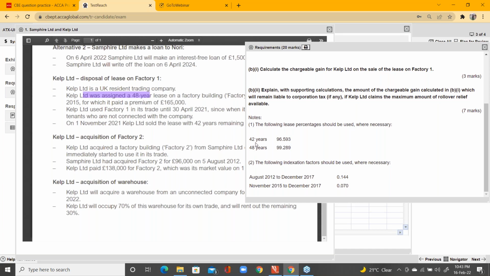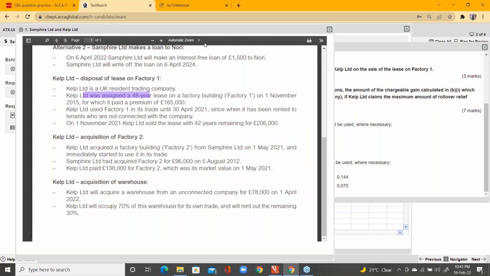It's 48 minus 42. The company may have used this asset for 6 years, but we have to check whether the company used the asset for the whole of these 6 years, or is there any period involved when the asset was in non-business use? Let's say the company rented out the asset, so that would be considered a non-business use period.